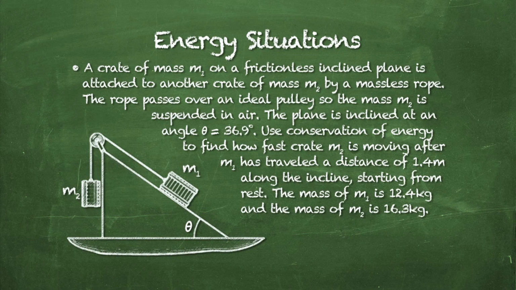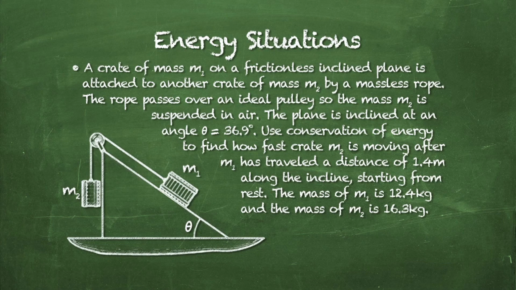The plane is inclined at an angle theta equals 36.9 degrees. Use conservation of energy to find out how fast crate M2 is moving after M1 has traveled a distance of 1.4 meters along the incline starting from rest. The mass of M1 is 1.24 kilograms and the mass of M2 is 16.3 kilograms.